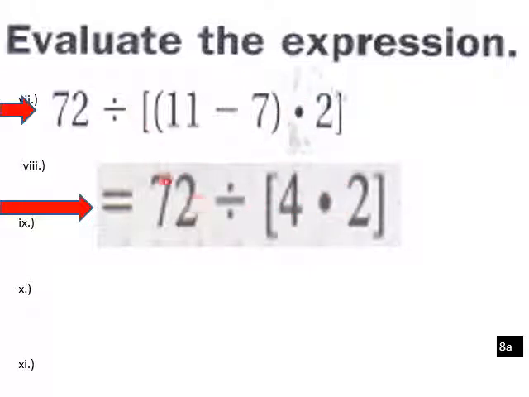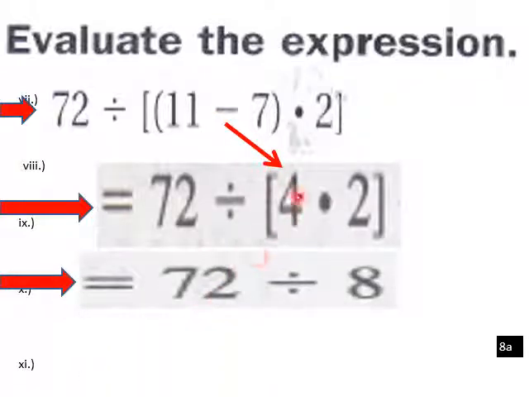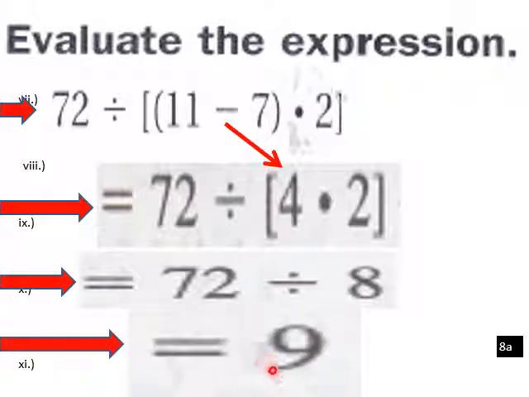And then our 72 stays. 72 divided by our bracketed 4 times 2. So what's 4 times 2? It will be 8. We do this multiplication first because it's inside the brackets. 72 divided by 8 would be 9. So that would be the value of this expression here.